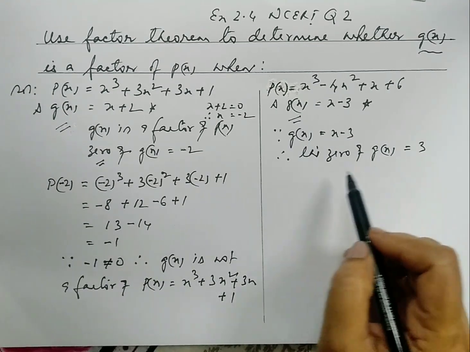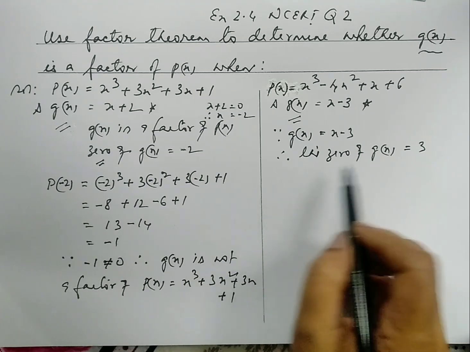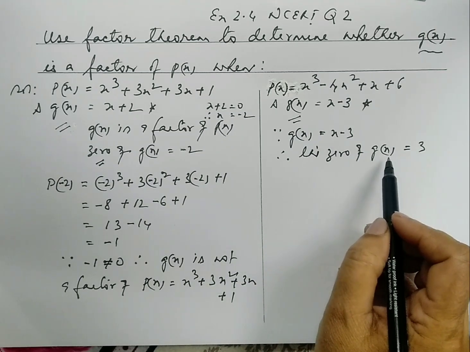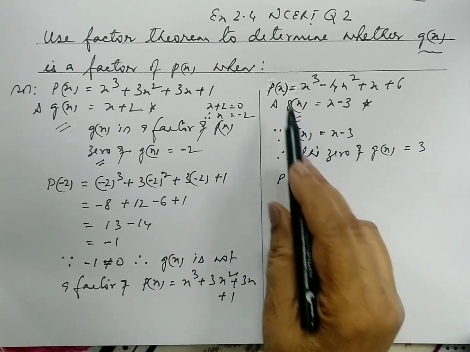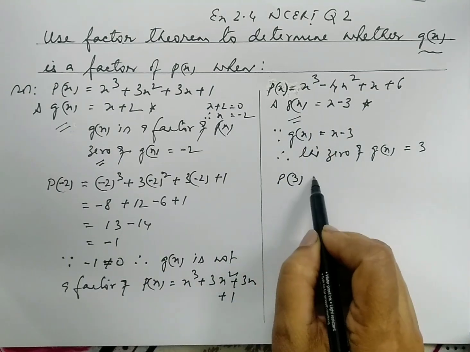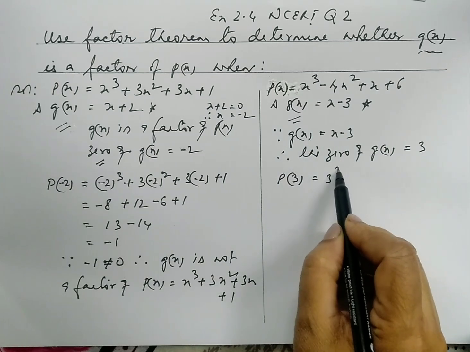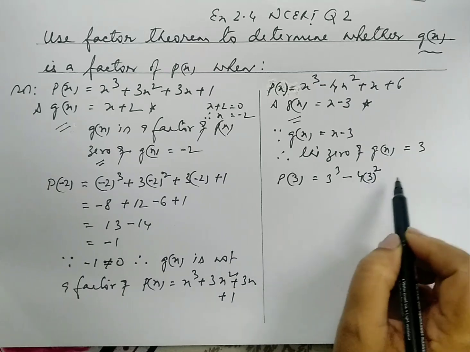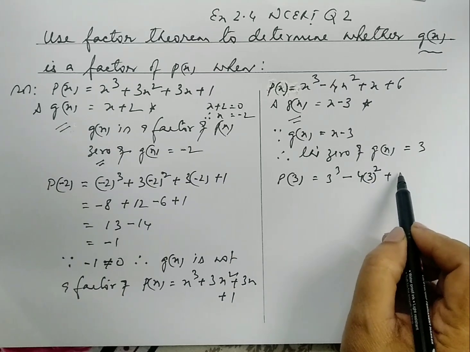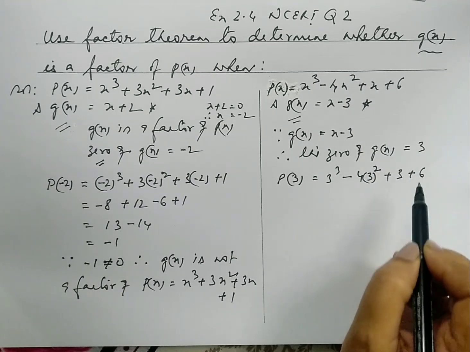now we know that g(x) has a zero of 3. So let's substitute 3 for x in the polynomial, and see whether it sums up to be equal to 0 or not.